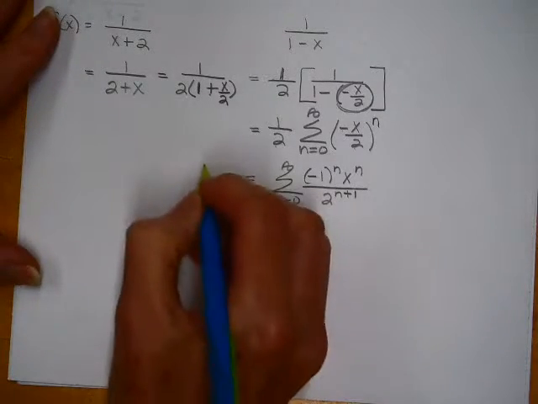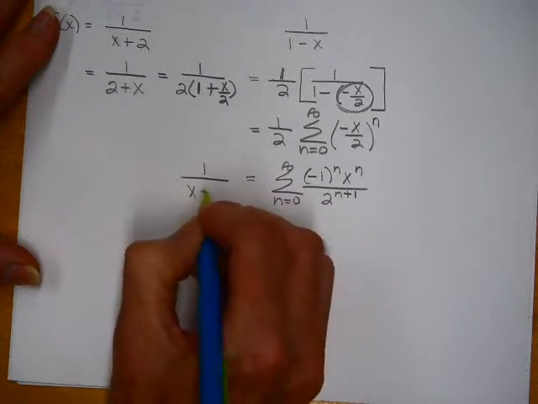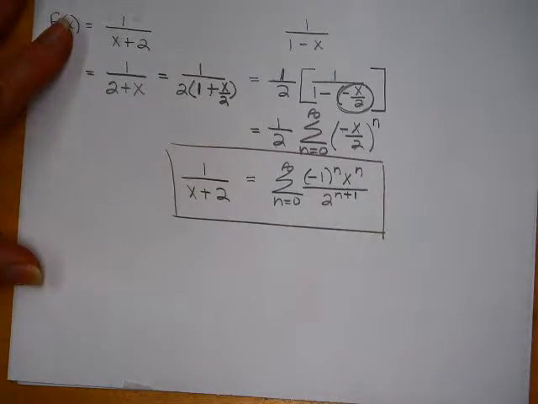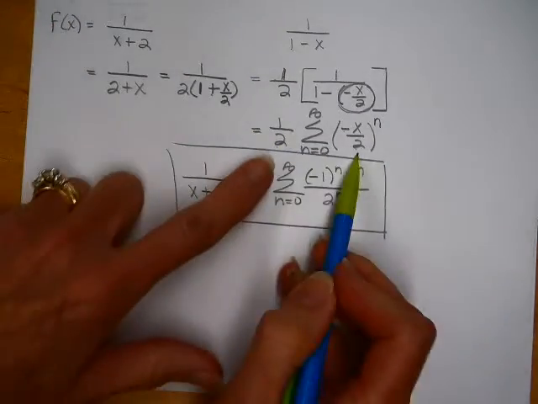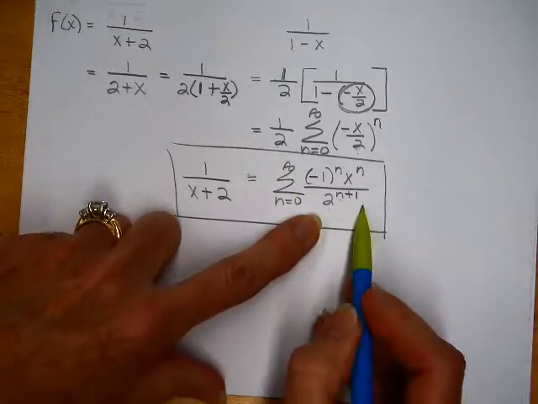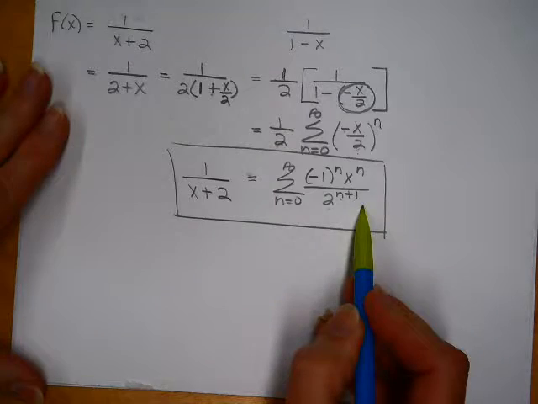And this is the power series for 1 over x plus 2. Everybody understand about pulling the 2 in? This is 2 to the nth power times 2, which is 2 to the n plus 1. You add your exponents.